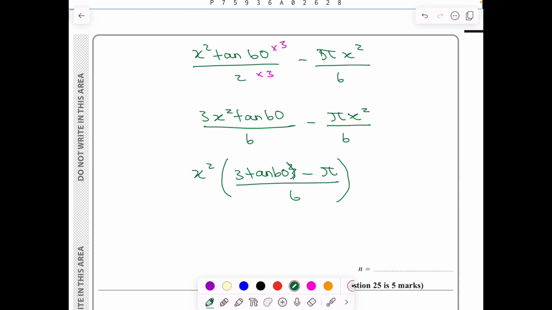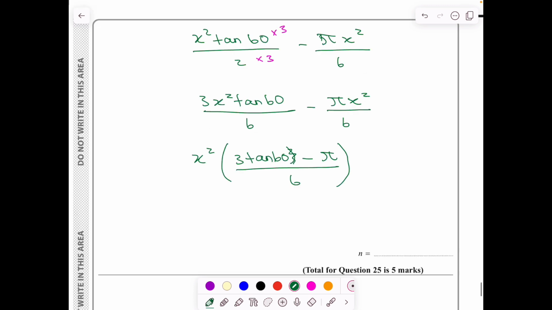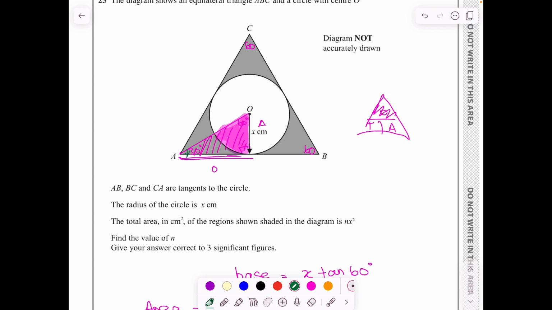And so I've got that all over 6. And so actually, once I've got that, so I've subtracted, that gives me the area of the shaded bit. And so just to go back, that gives me the area of this bit.